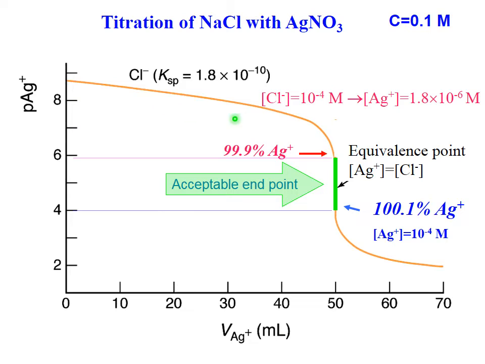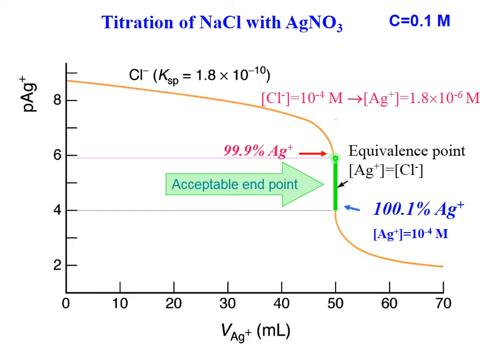So, for example, if chloride is 10 to the negative 4, silver is 1.8 10 to the negative 6, and its product is 1.8 10 to the negative 10. So if I'm starting with 0.1 molar chloride, when I bring the solution to chloride 10 to the negative 4, 99.9% of all my chloride is titrated.